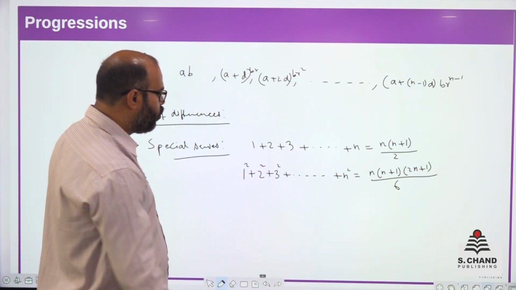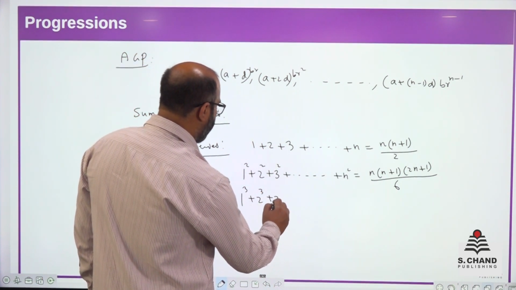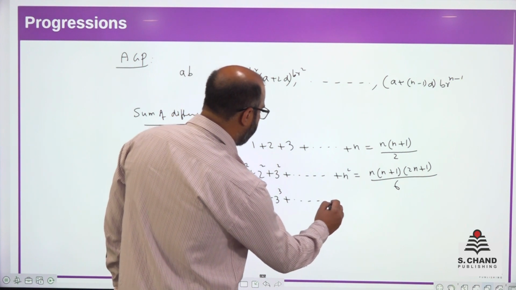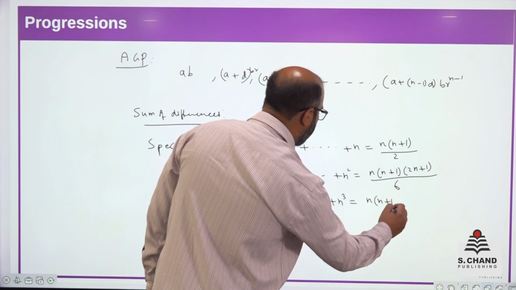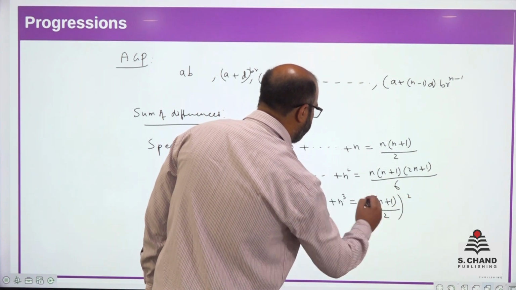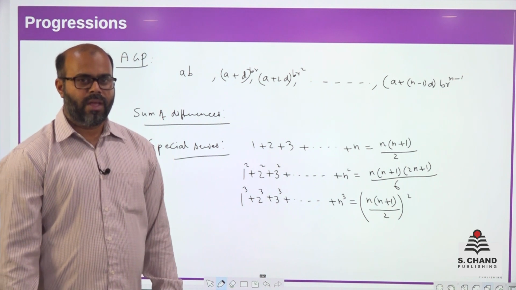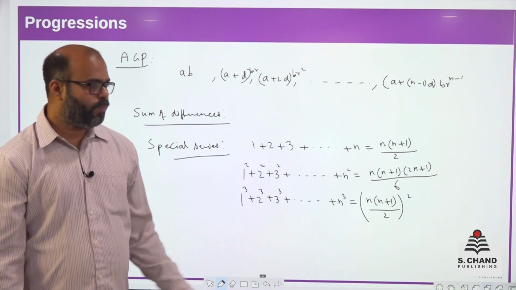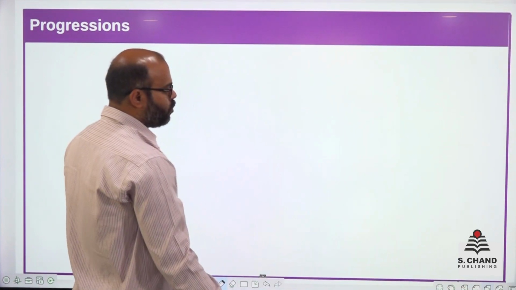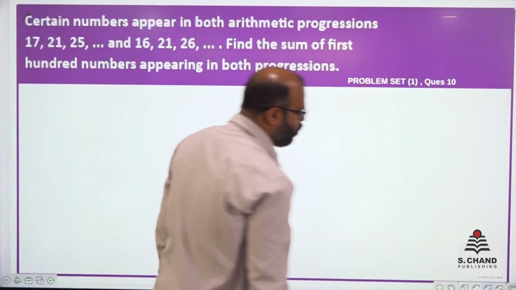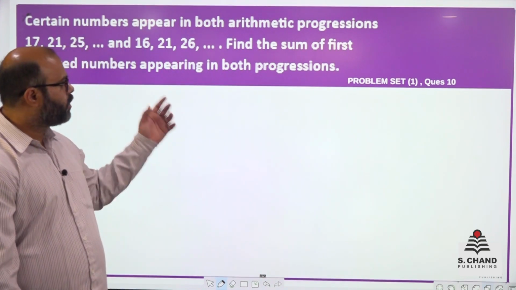And if you take the cube and then add them, then what will you get? You will get [n into (n plus 1) by 2] whole square. So these are some special series which you need to remember, and you will apply these in questions also. Now let us move on. So these theories are a recap of the whole chapter of progressions. Now let us come to questions.